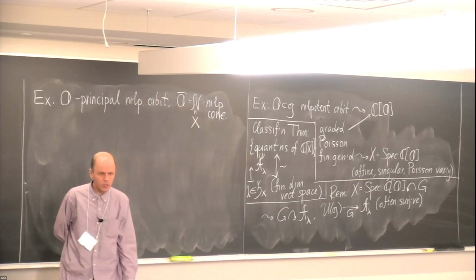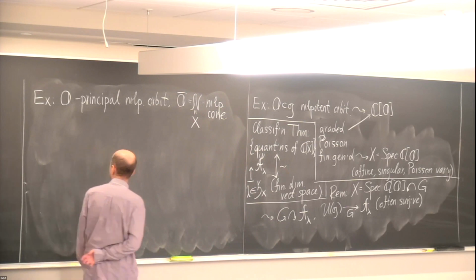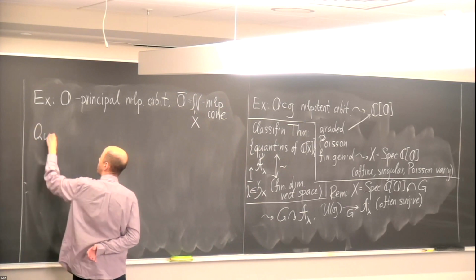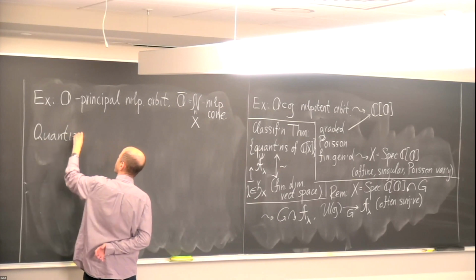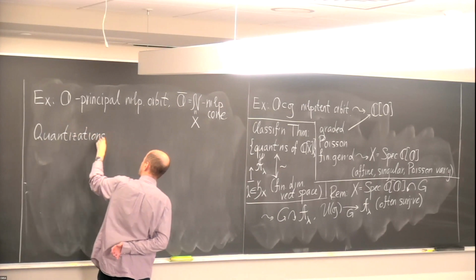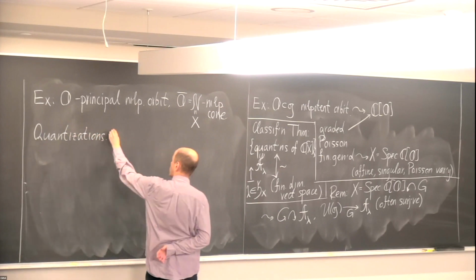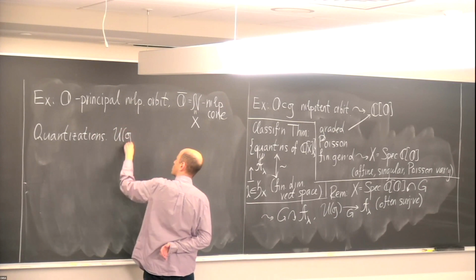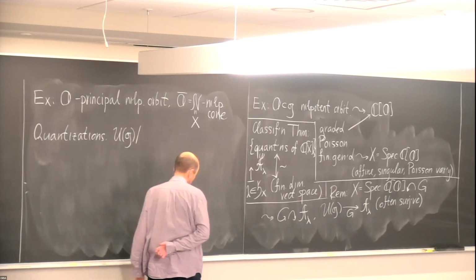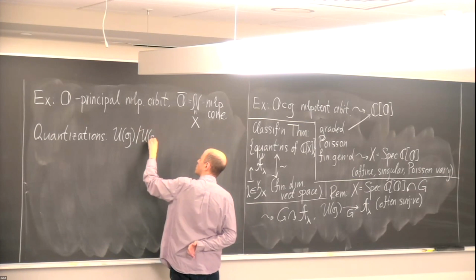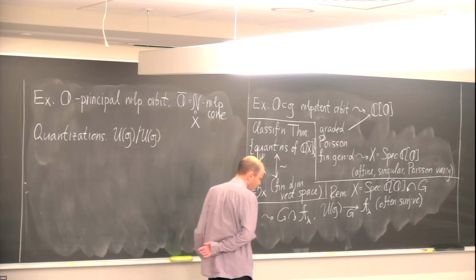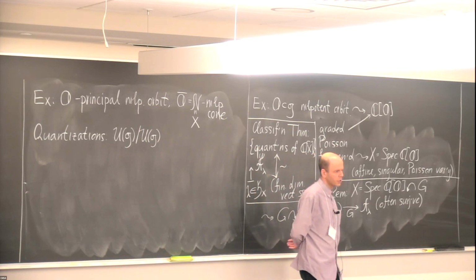And it's easy to construct a bunch of quantizations of this X. They'll look like the following. I take the universal enveloping algebra U of g, and I mod out by the ideal generated by a maximal ideal in the center.